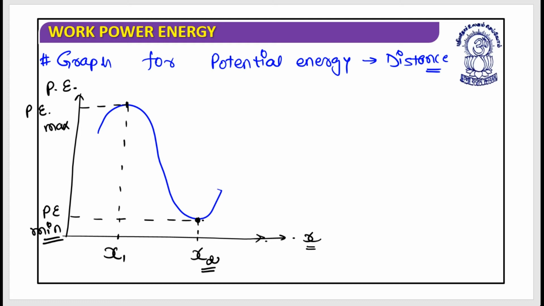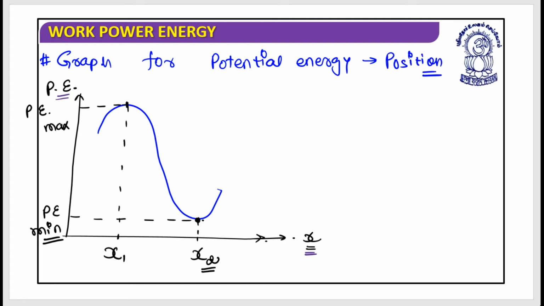Now I have one relation which can relate potential energy and position, or I can say distance. So rather than distance, let's use position. So it's potential energy versus position.